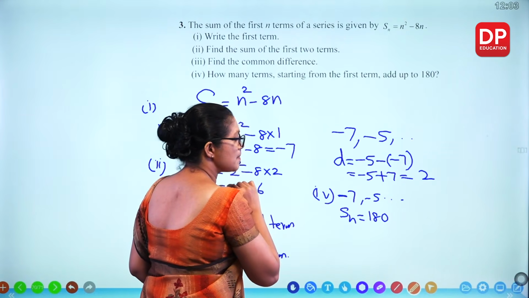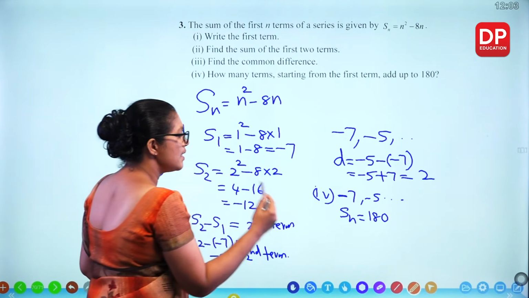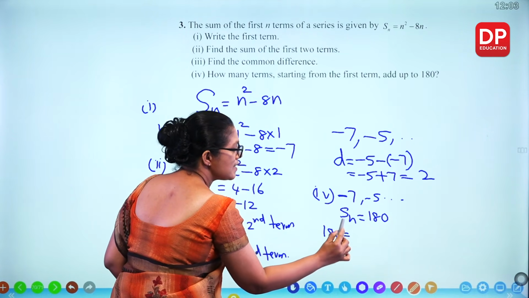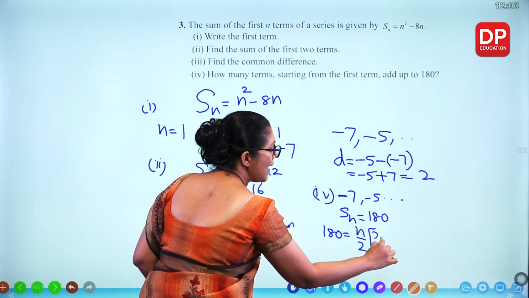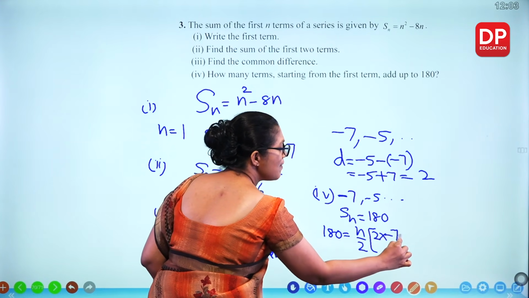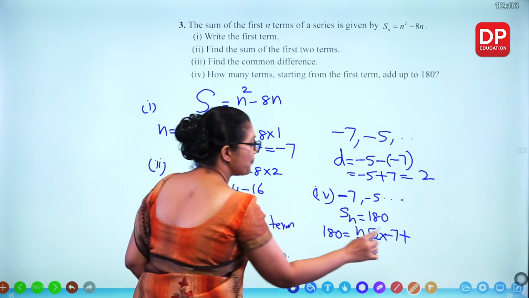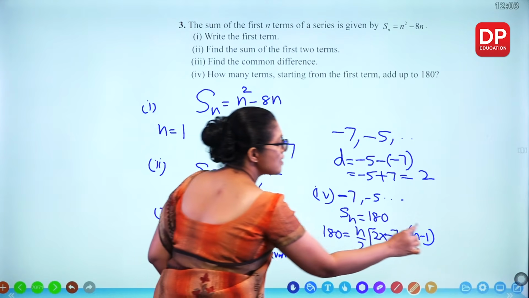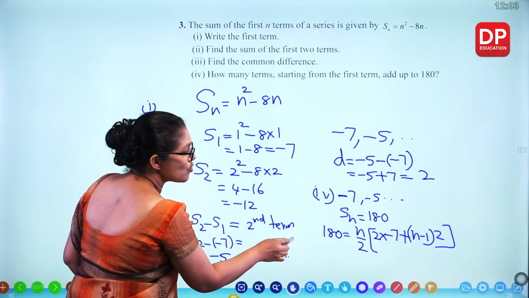The first term is minus 7 and the difference is 2. Use the sum formula. 180 equals n over 2 times (2a plus (n minus 1)d), that is 2 times minus 7 plus (n minus 1)d, where d equals 2. Now try to solve this.